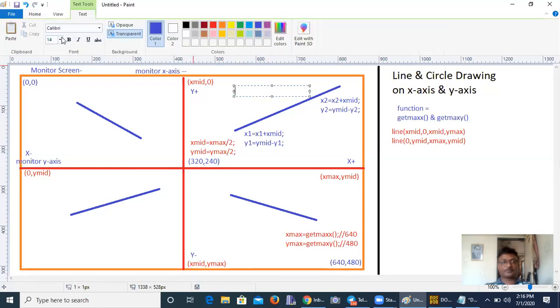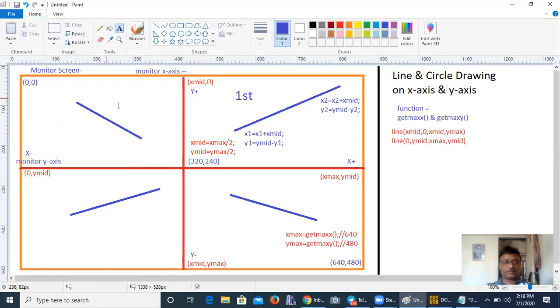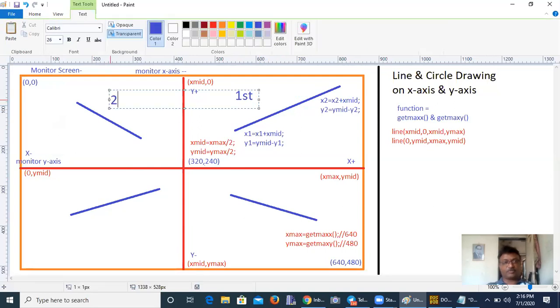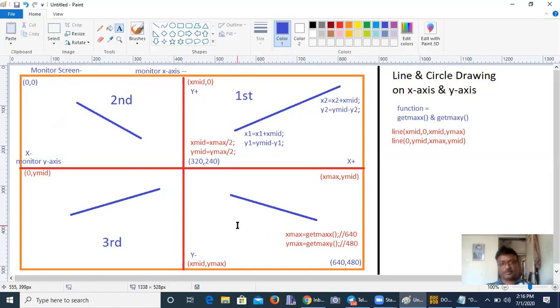So I am writing first quadrant. This is your second quadrant. This is your third quadrant. And this is your fourth quadrant.